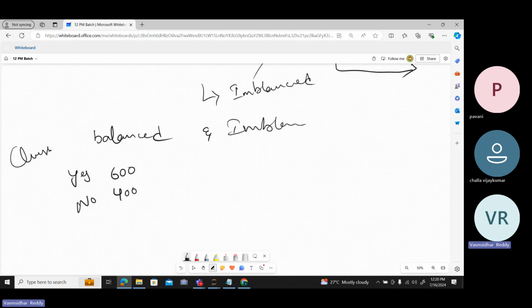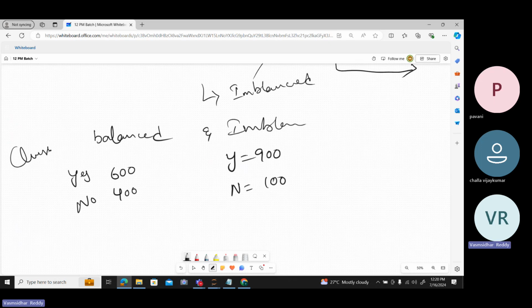It's a small ratio difference. If Yes contains 900 and No contains 100, it is imbalanced data.